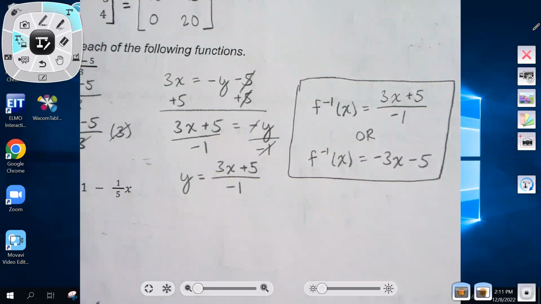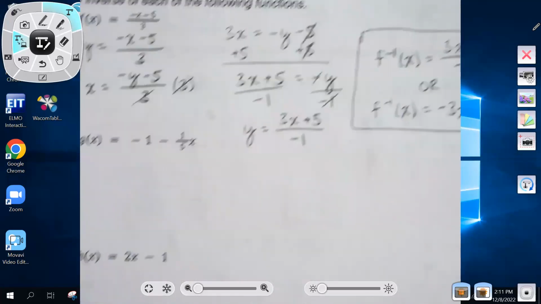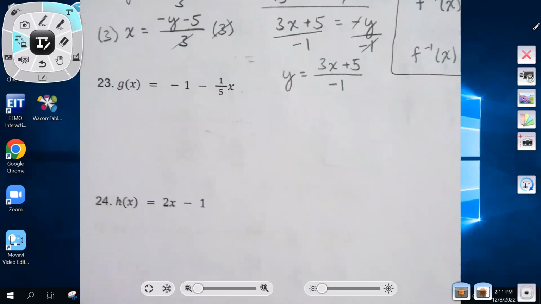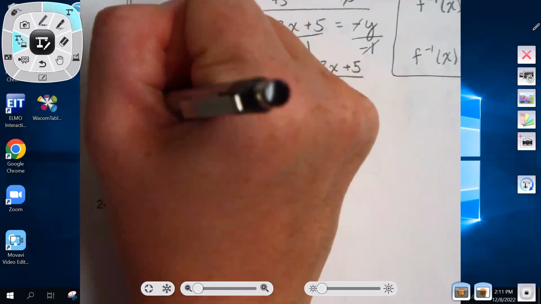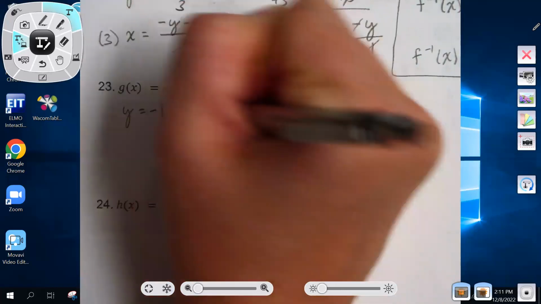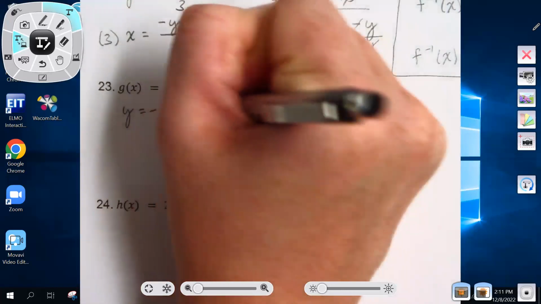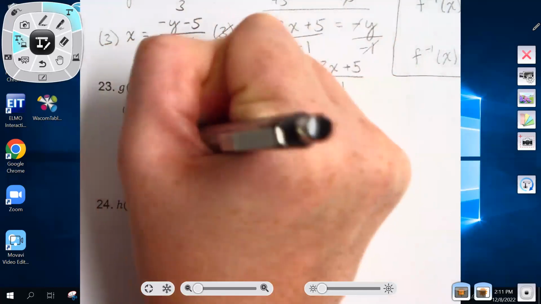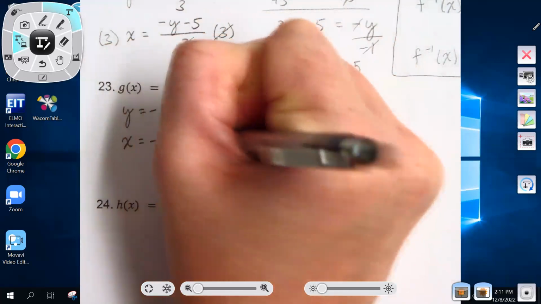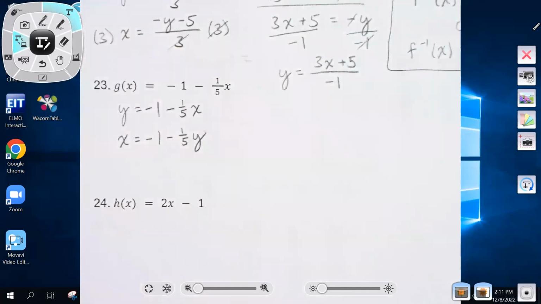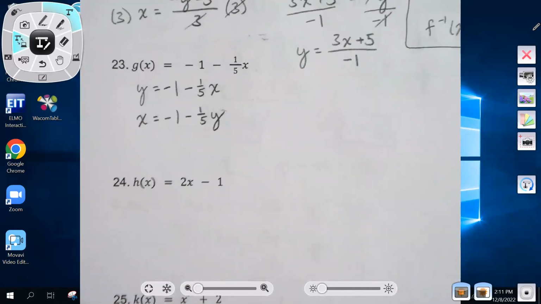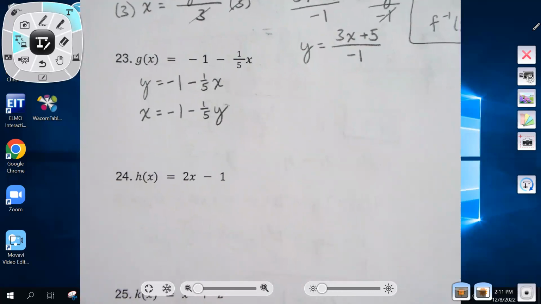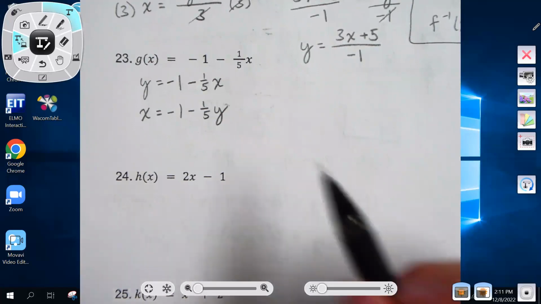Okay, number 23. Change g of x to y, and switch the x and the y. Those 2 steps should be automatic. Now from here, when we're trying to get y by itself, again, you might do some things differently than me or from each other.